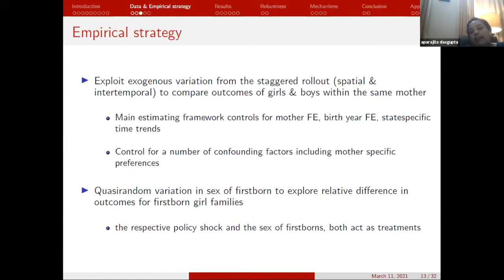What they find is the access to ultrasound technology. So we test the analogous argument, and we make use of that, where both the respective policy shock and the sex of the firstborn act as treatments.